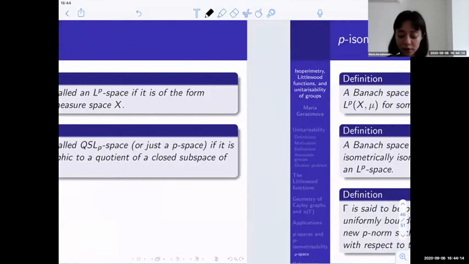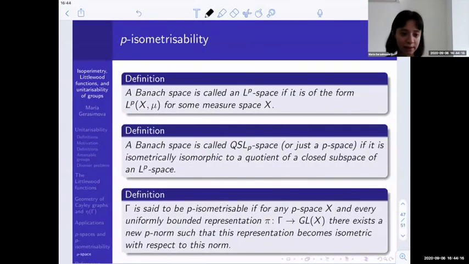Unfortunately, we cannot do exactly like in the case of Hilbert spaces, because I cannot say that my representation is unitarizable. But I will say that gamma is P-unitarizable if for any LP space and every uniformly bounded representation there exists an equivalent norm, such that this representation becomes isometric with respect to this norm.